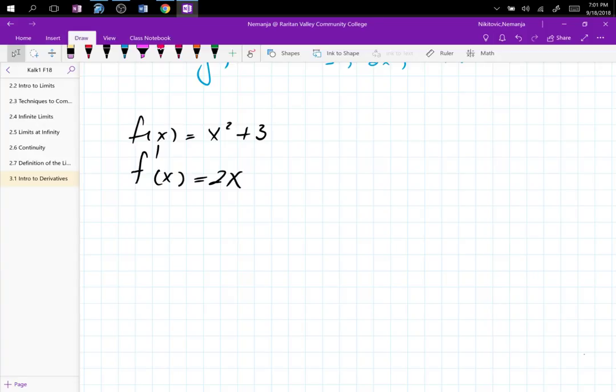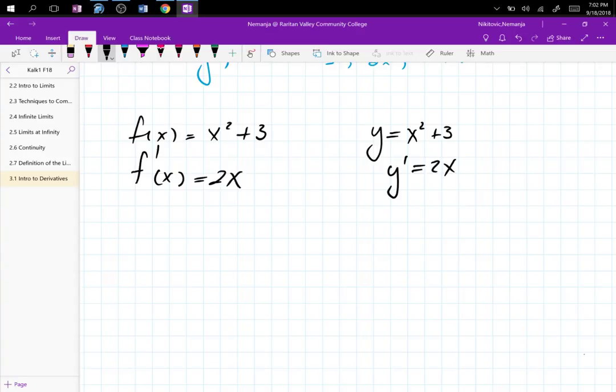What kind of garbage is that? That's a linear function. That's a quadratic function. You're saying that the quadratic function is equal to the linear function? No. So you have to go to the next line and write that. Or if you're using y equals x squared plus 3, then y prime is 2x. That's the other way.